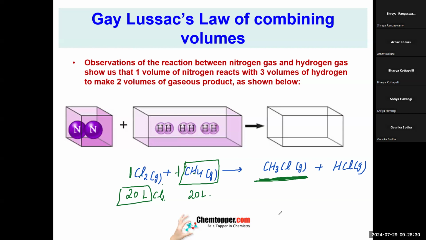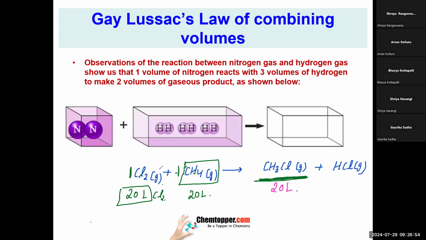Check the molar ratio, mole to mole. Same ratio will be with the volume. Shreya H and Gorika, are you understanding this? Yes, 20 liters. What about the rest of you?